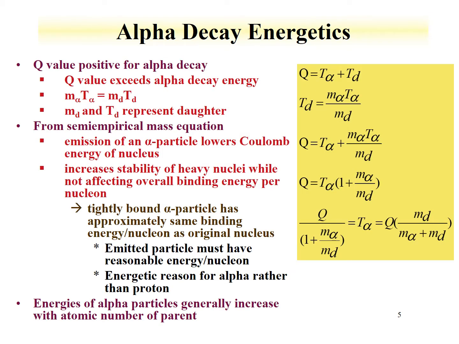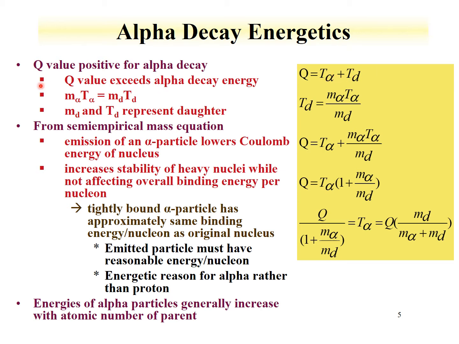The alpha decay energetics allows us to calculate the Q value and the alpha decay energy for a given isotope. We know that the Q value often exceeds the alpha decay energy, and this is due to the fact that the Q value is the total energy of the system, so it's the kinetic energy of both the alpha particle and the daughter.